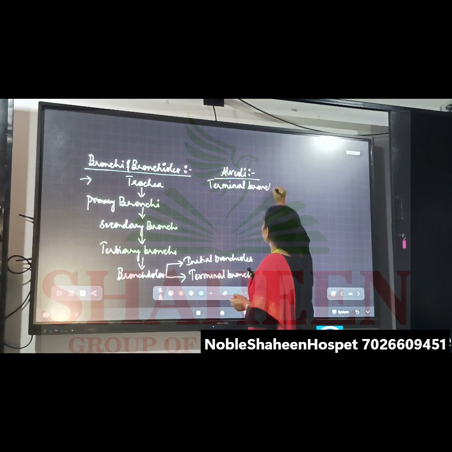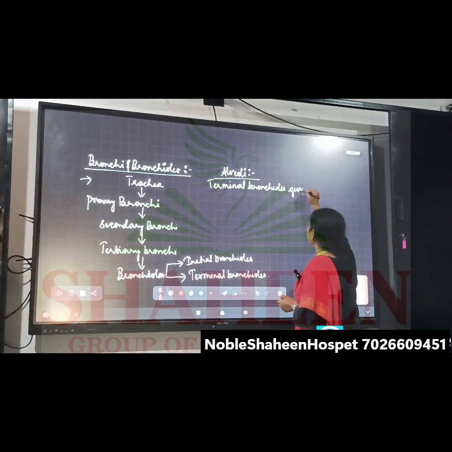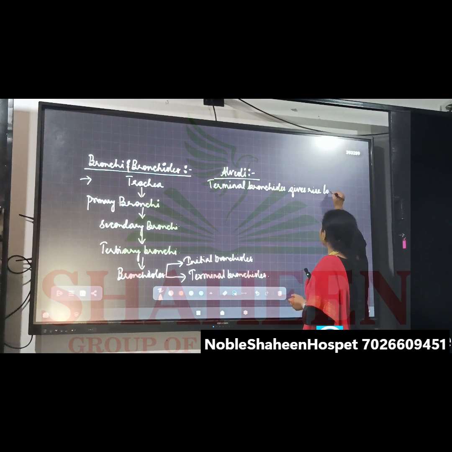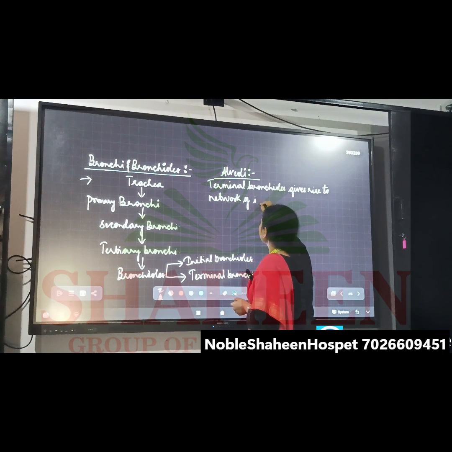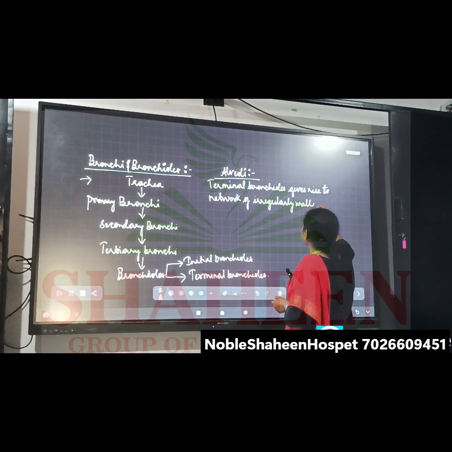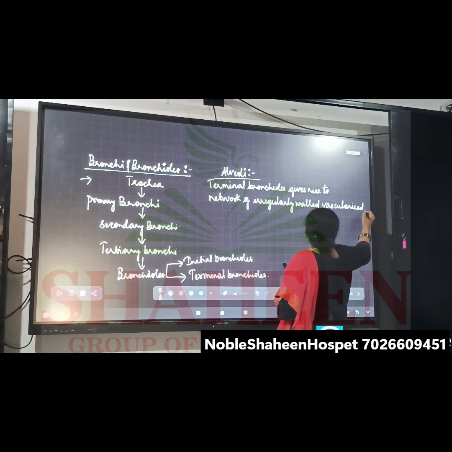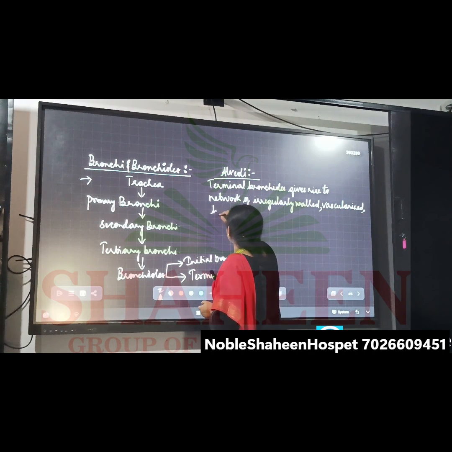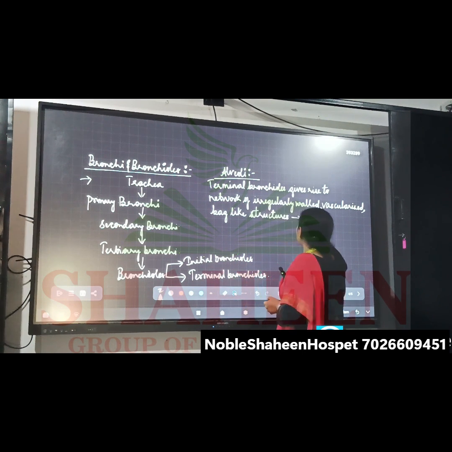Terminal bronchioles gives rise to a network of irregularly walled vascularized bag-like structures, which are called as what?